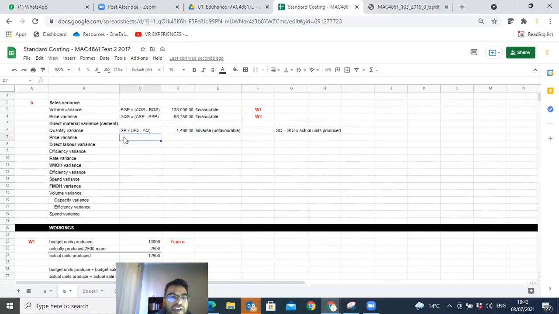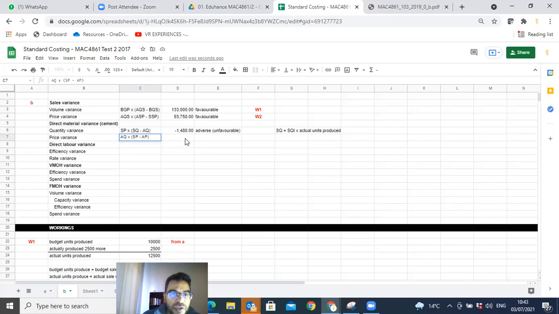Now we're going to do the price variance. We know the price variance is also unfavorable because we budgeted for 185, but we actually paid 190. When we are doing the price variance, we're comparing prices, so standard price to actual price, and we hold the quantity constant. Which quantity? Actual quantity. So actual quantity purchased multiplied by standard price minus actual price.